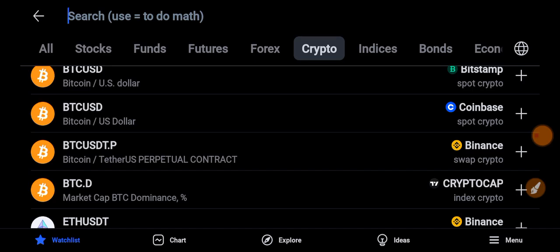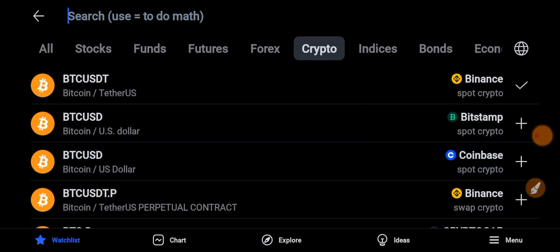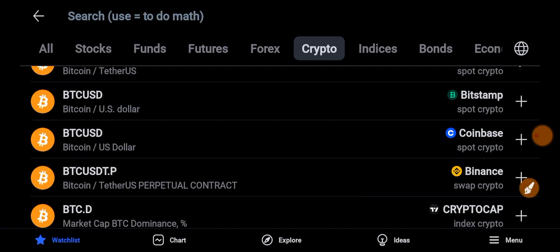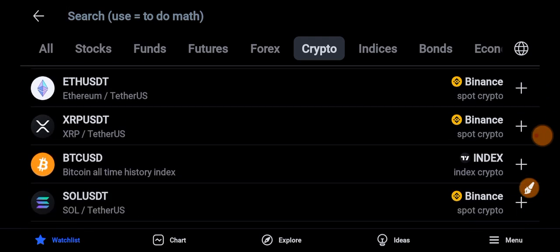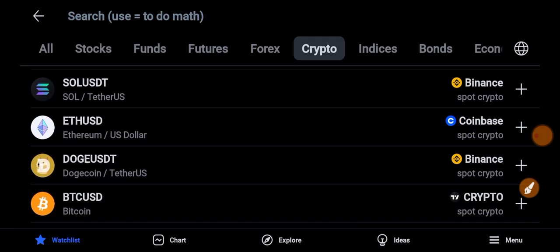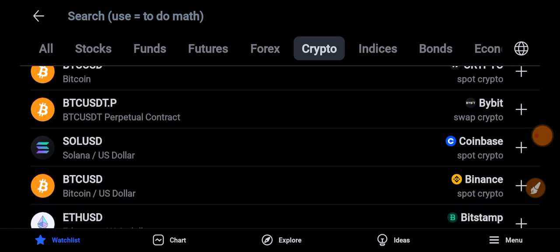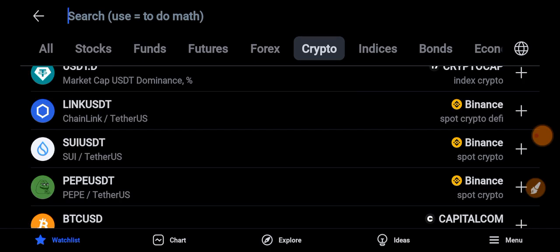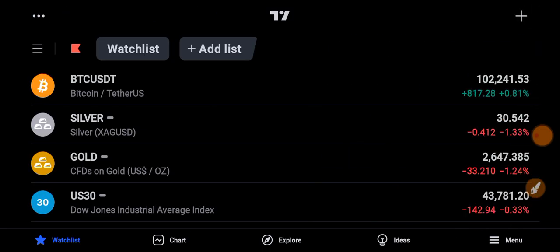Normally it doesn't even matter, but especially for crypto, people use Binance. People use the chart from Binance. And so we have the Ethereums, we have the Sol, we have the Doge. There are a lot of them. So you just have to choose which one you want to trade, and then you just go about it.